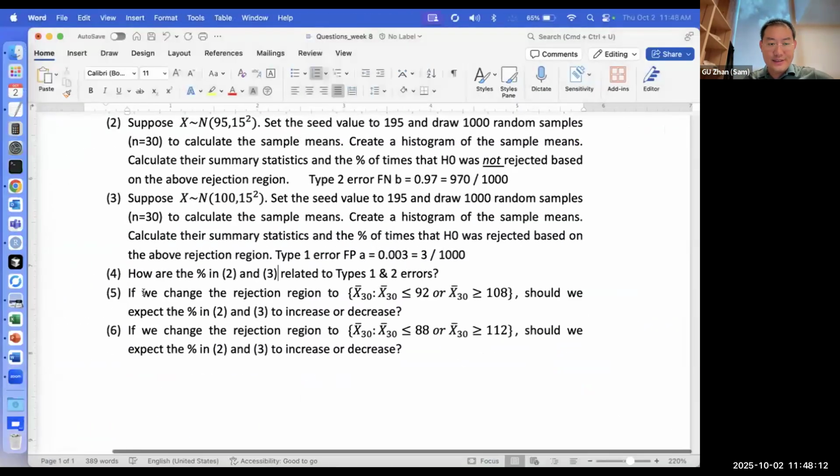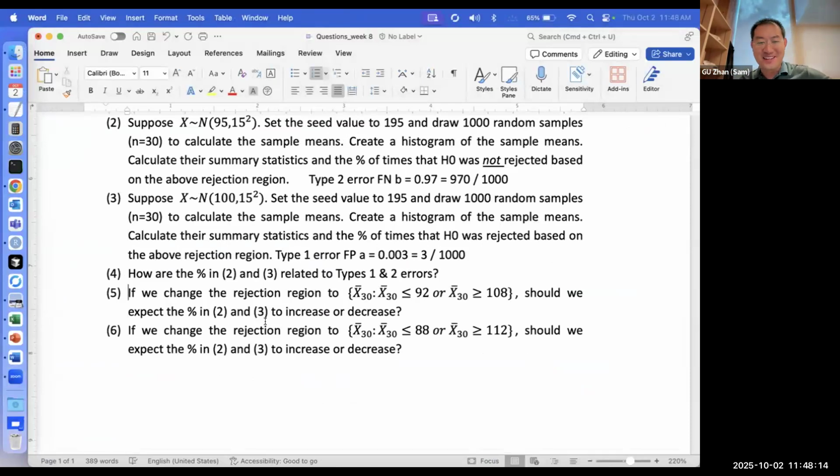Now next we are moving on to something more hairy. If we change the rejection region from 90, 110 to make it larger, that is 3.5. So we are increasing the rejection region.